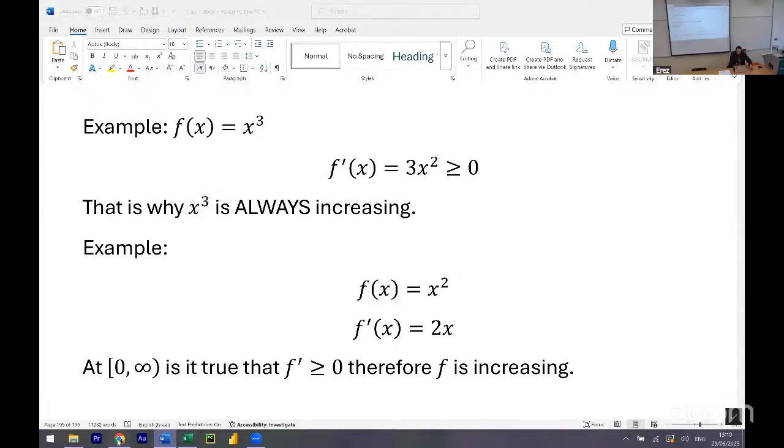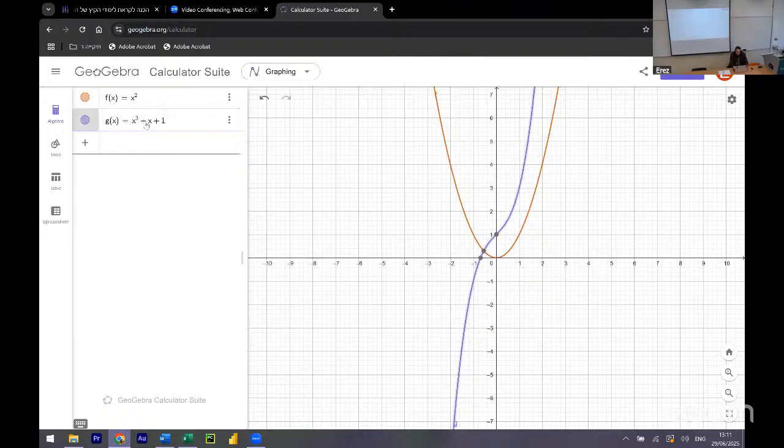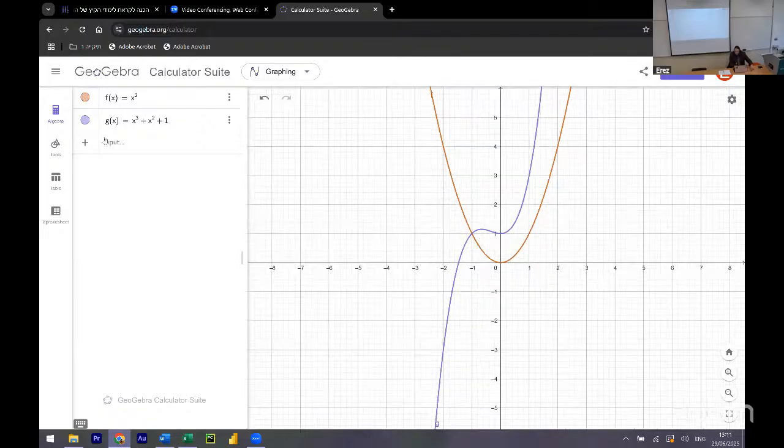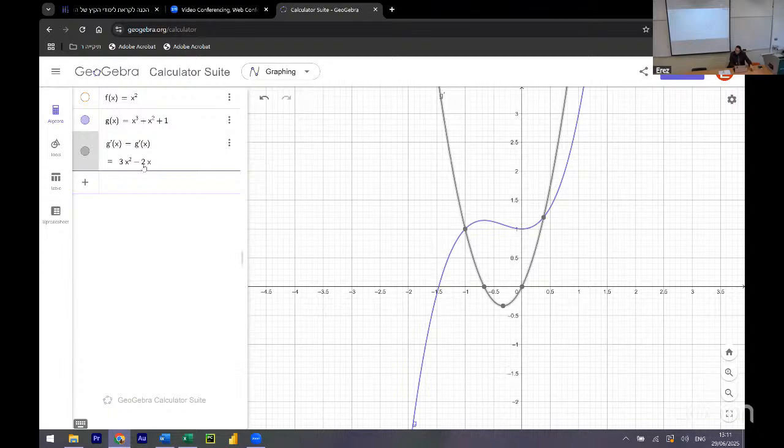Just x cubed plus x. If a function is only increasing, then it has only 1 or 0 roots. Let's derive the function. The derivative is 3x squared plus 2x, which is positive until this point.